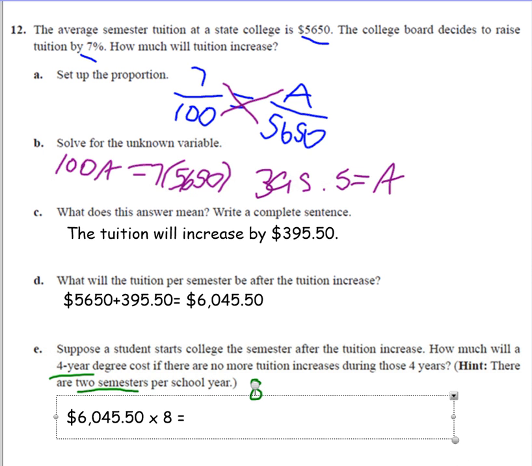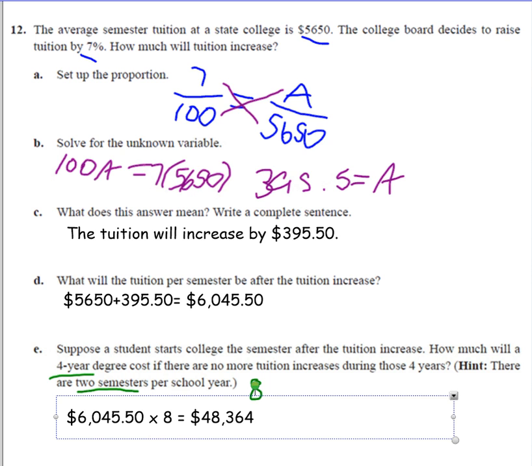Nope, it's not typing, sorry about that. So a little over $48,000 for the 4-year college degree.